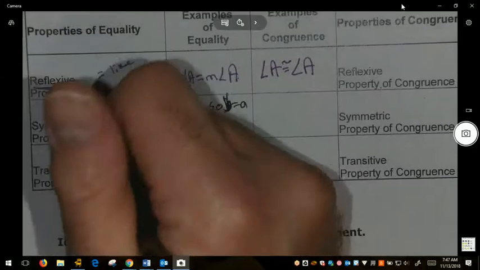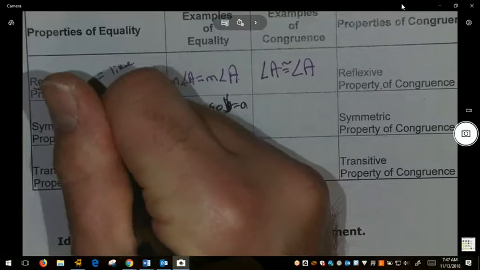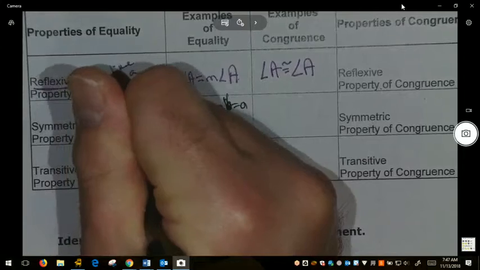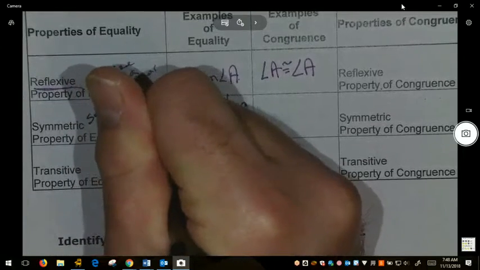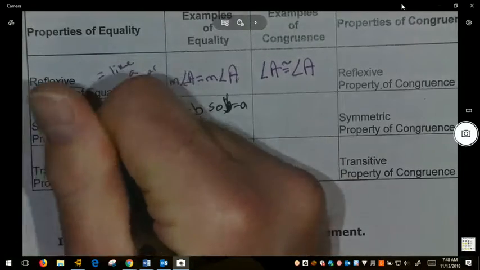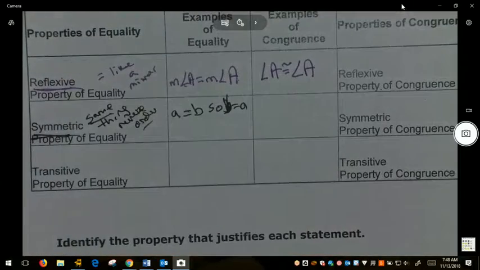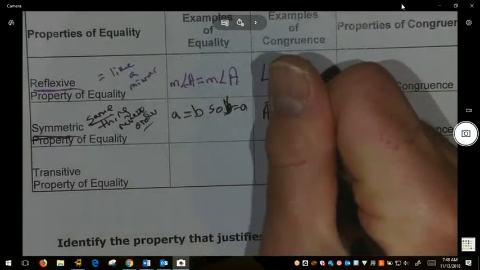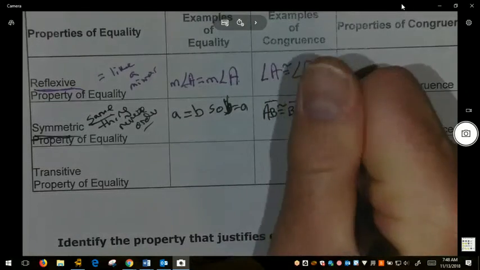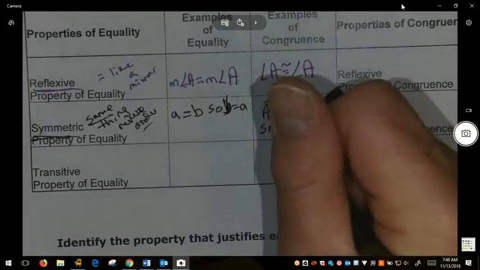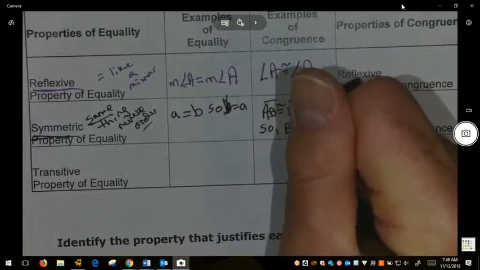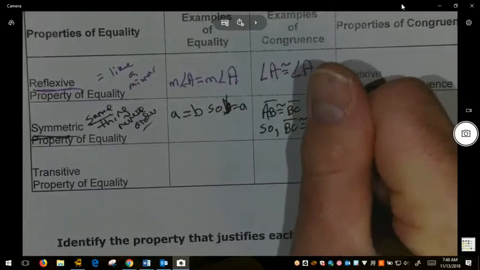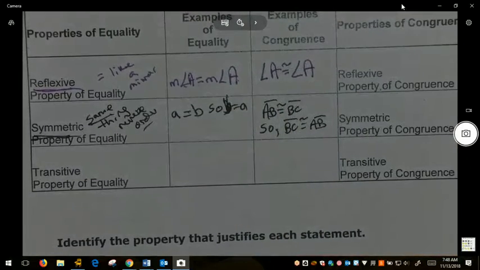So symmetric is where it's the same thing, just the reverse order. So over here I might have side AB is congruent to side BC, but then instead I say BC is congruent to AB. Really, I'm saying the exact same thing, it's just in a different order.